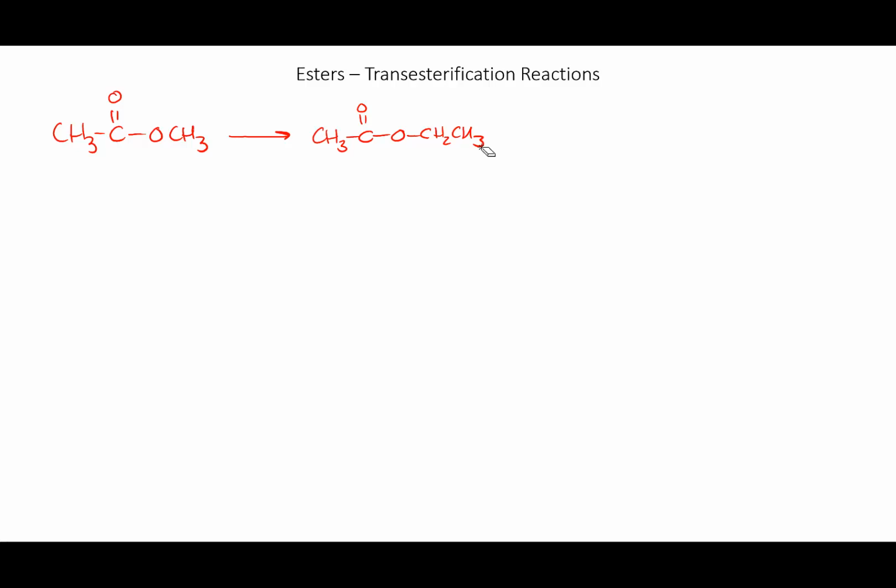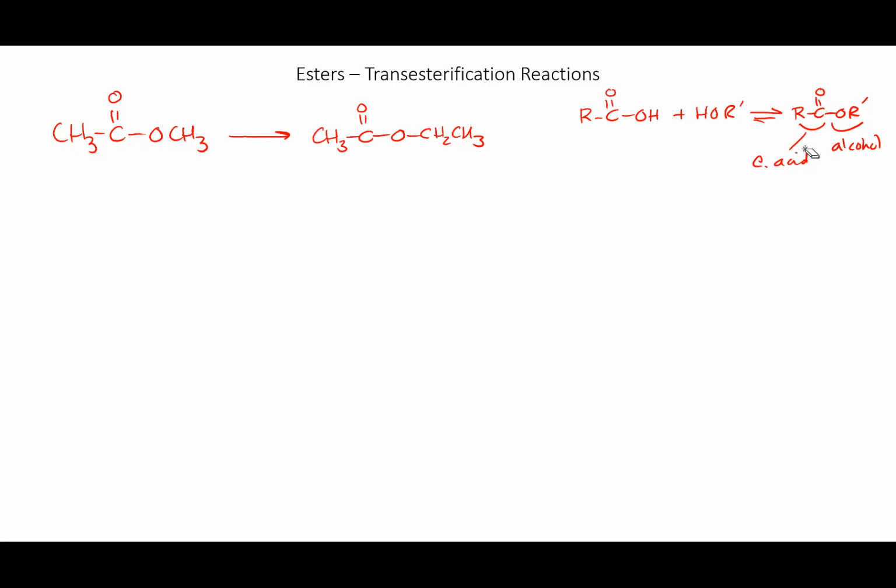Now, let me review quickly. Remember that in Fischer esterification, what we did was take a carboxylic acid and react it with an alcohol to make our ester. Now, an ester has an alcohol part, and it also has the part that came from the carboxylic acid.